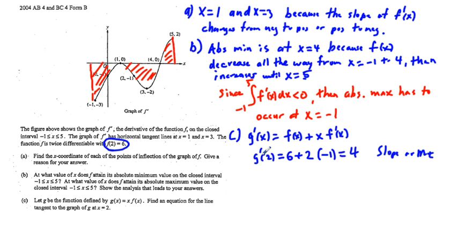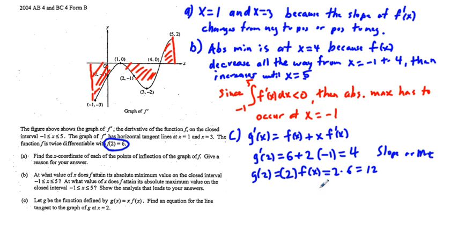Now for our point. We need a point and a slope. g of 2 is going to be 2, which is x, times f of x, which equals 2 times 6, which equals 12.